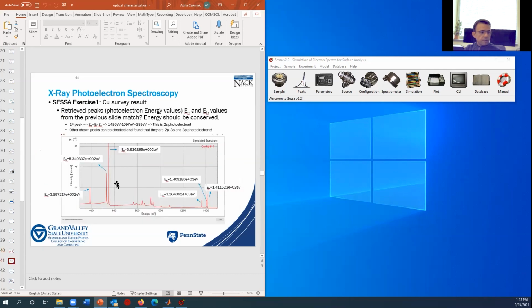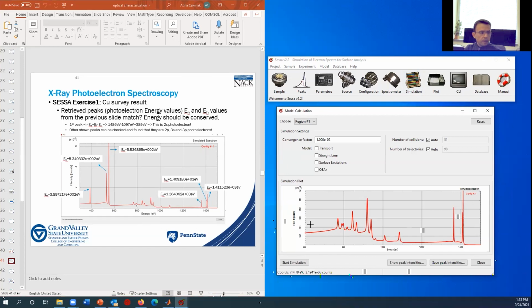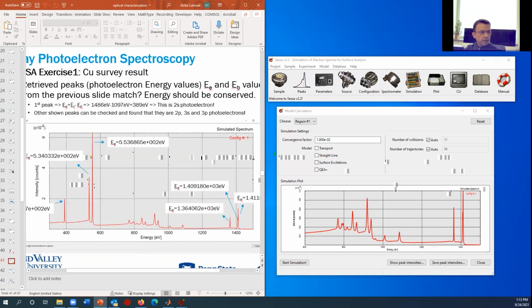Okay, so now you can do a simple analysis with the students, like the following. Say, going back to the survey results one more time, and looking into these peaks, if I zoom in here, we have an incident energy of this much, say 1,486, and we have a binding energy that we were expecting. So where do we know that?